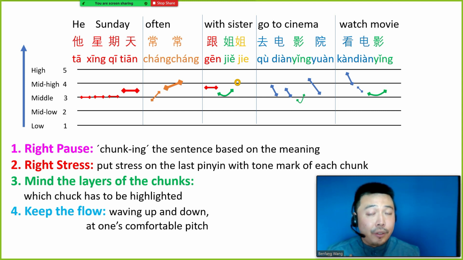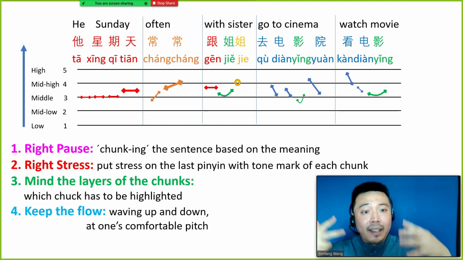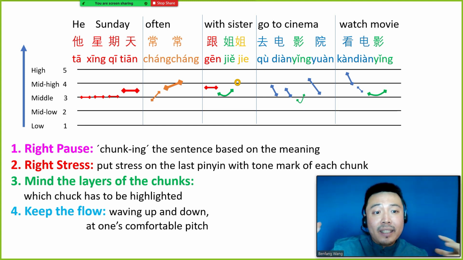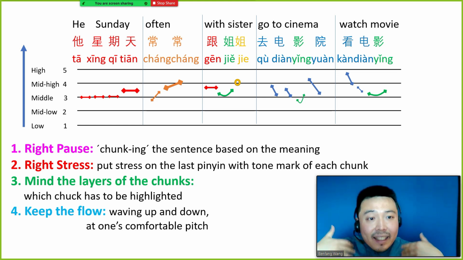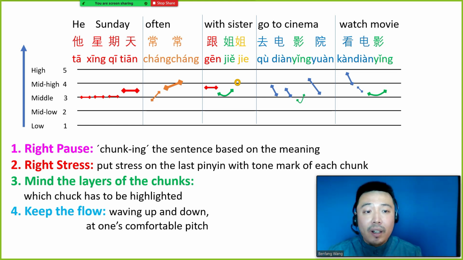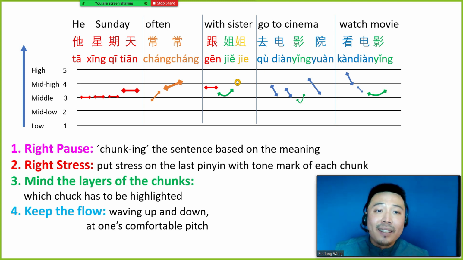However, I was still able to understand them without any problem, because when we communicated, they used the right pause, right stress, right rhythm, right layers of stress in the sentence, and they kept the flow. Therefore, there was no problem understanding them. You can do the same thing too.